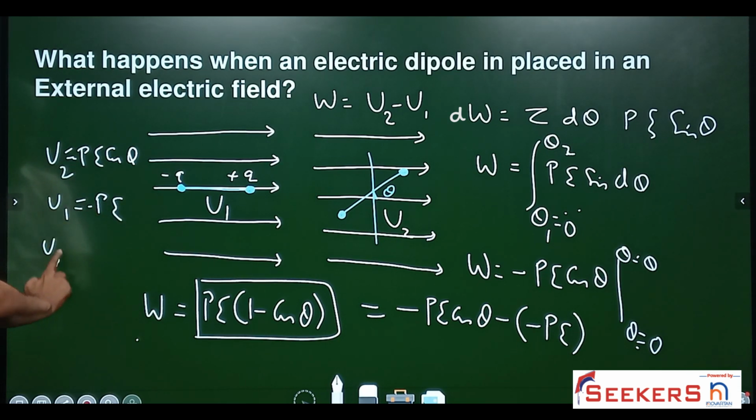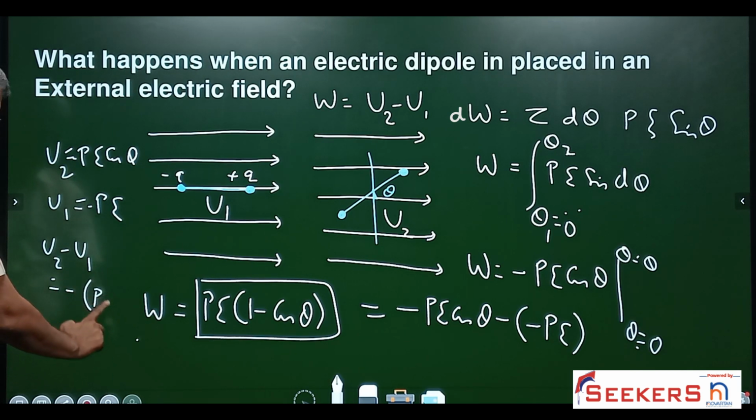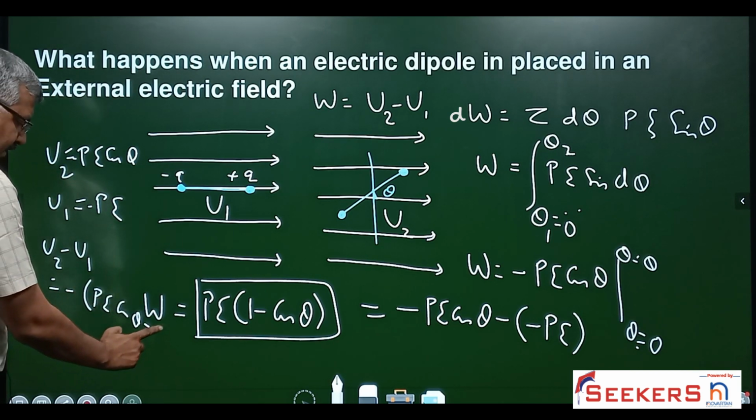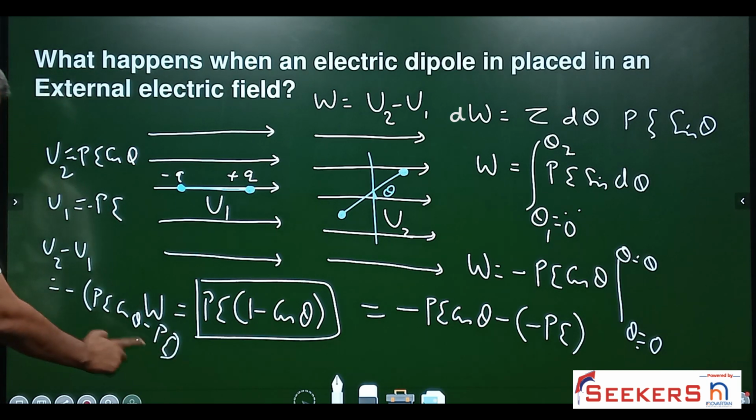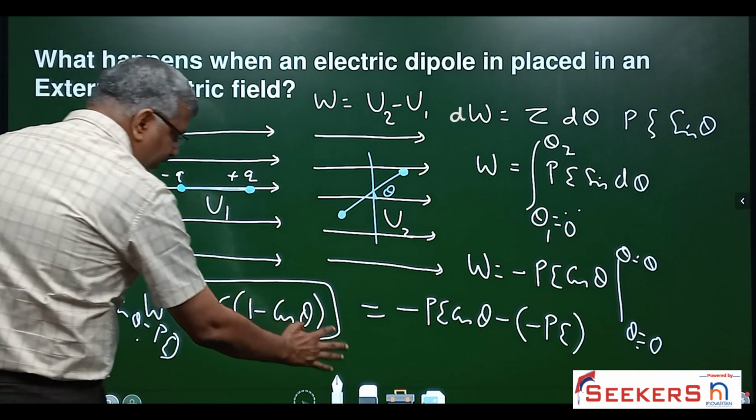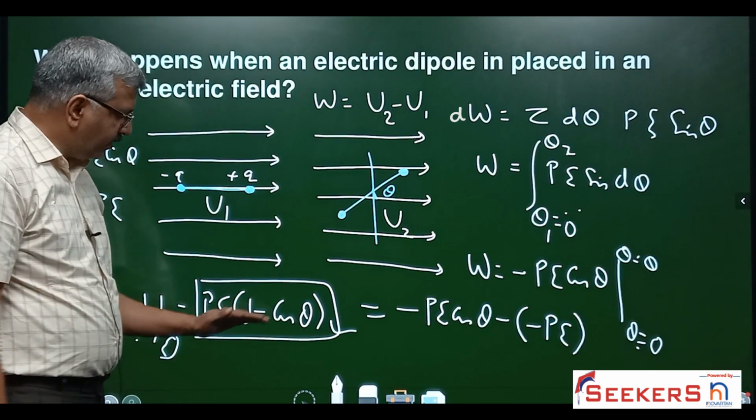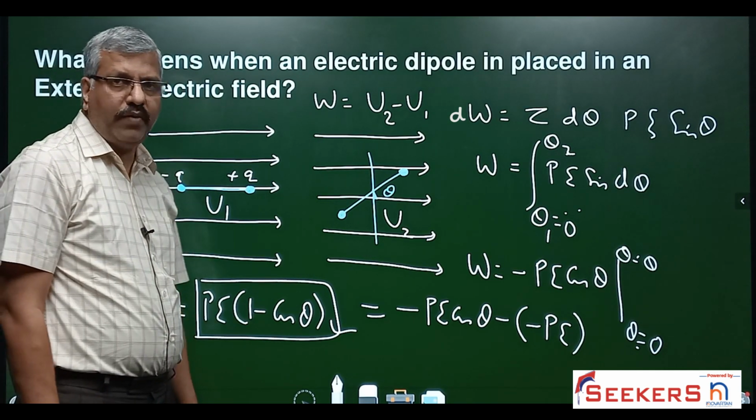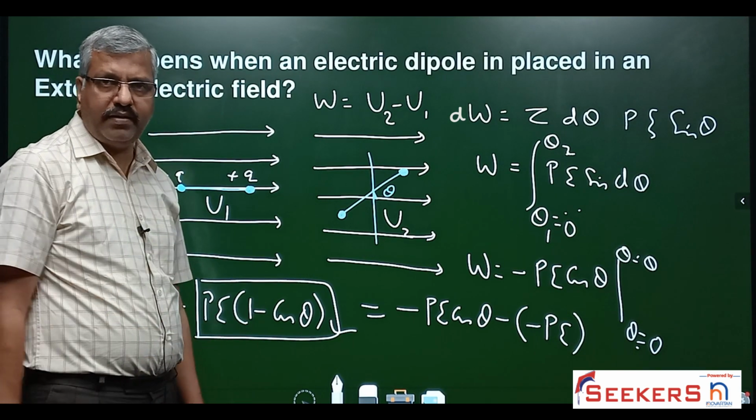So when you do U2 minus U1, it is equal to negative of PE cos theta minus PE. Understand that this is the work done when a dipole is turned by an angle theta.